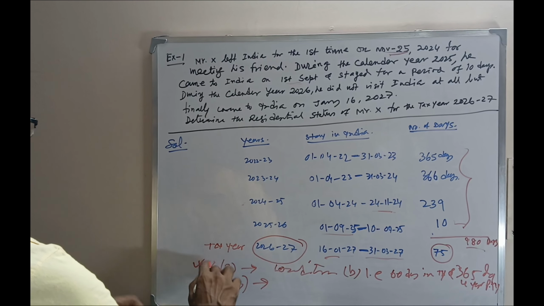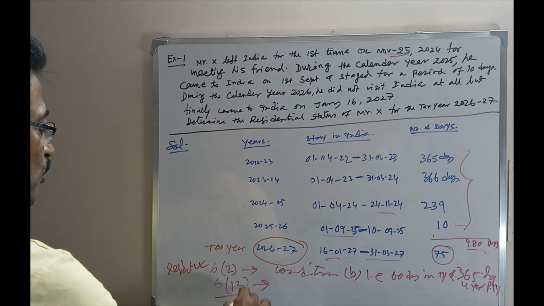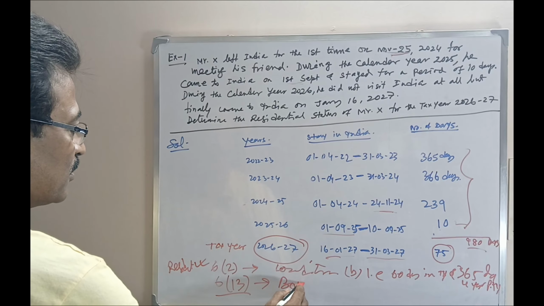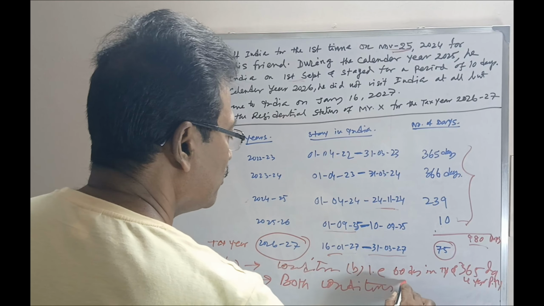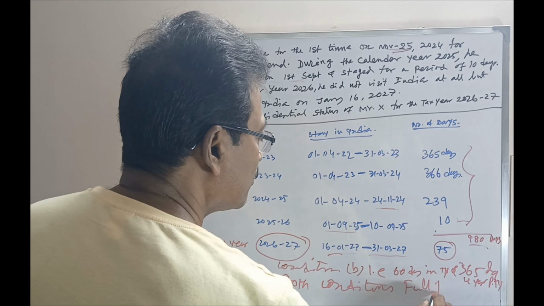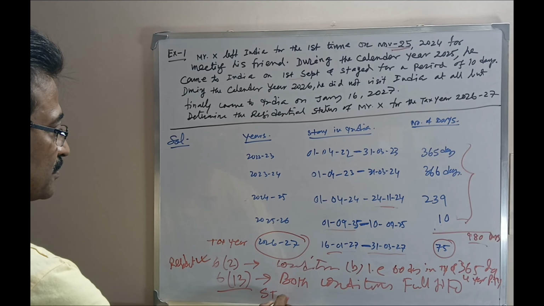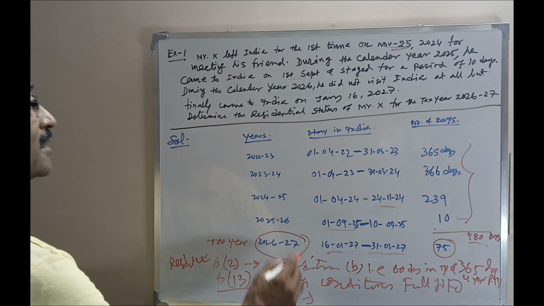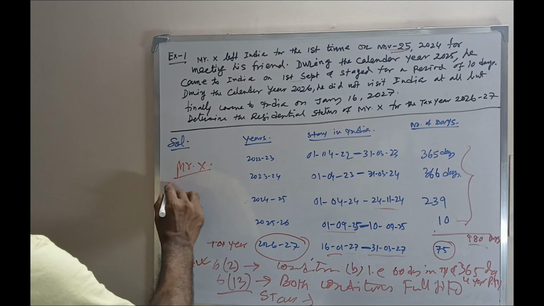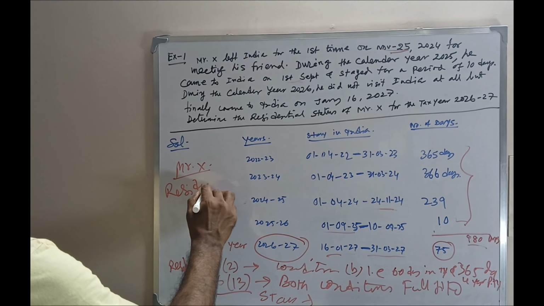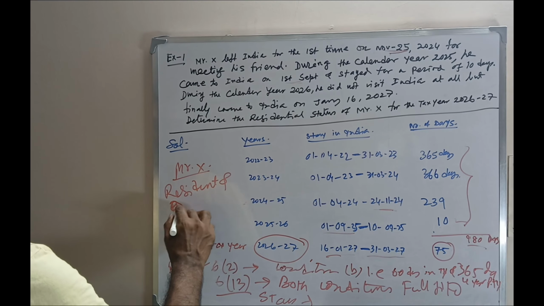He is a resident person, and he is fulfilling both the additional conditions. Both conditions fulfilled. That is the status: Mr. X is resident and ordinarily resident.